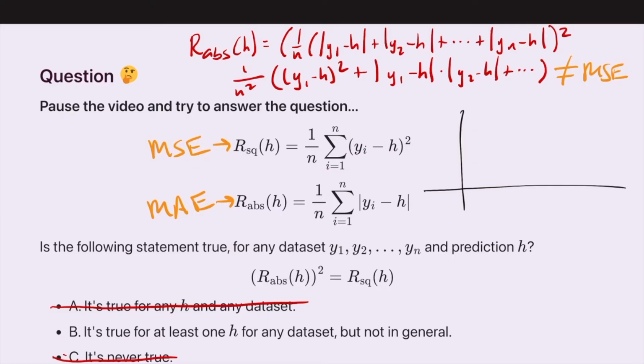So we've got some sort of mean squared error, and then, if you remember back to the graph that we made for mean absolute error, that was sort of like a piecewise linear function where we had these individual line segments with corners, where each corner is where the data was, so the y's. So we had something that was kind of like this.